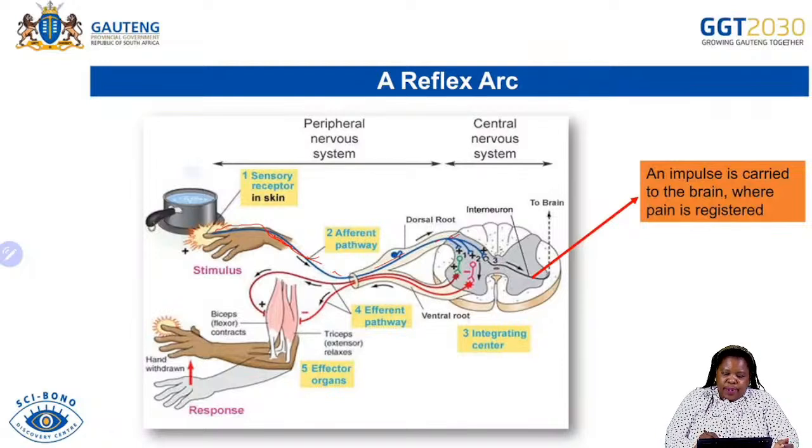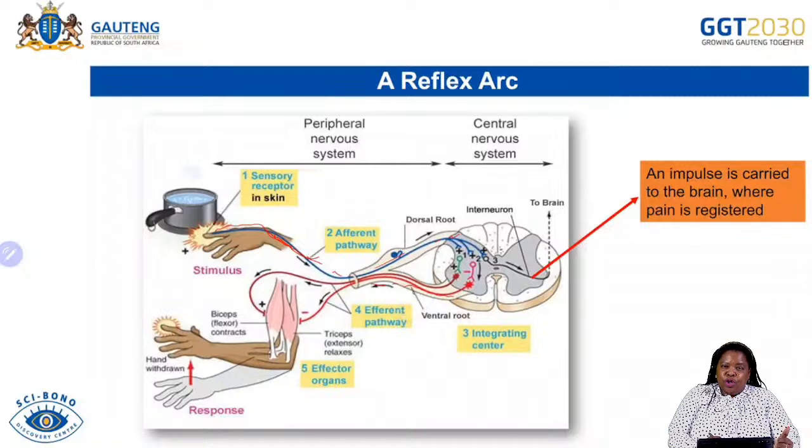Then what is going to happen? We've got the sensory neuron, which is going to be joined together by the interneuron. The interneuron is going to connect that sensory neuron to the motor neuron. Then through the ventral root, impulses are transmitted through the efferent pathway.